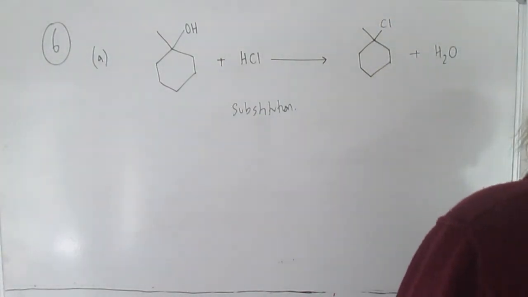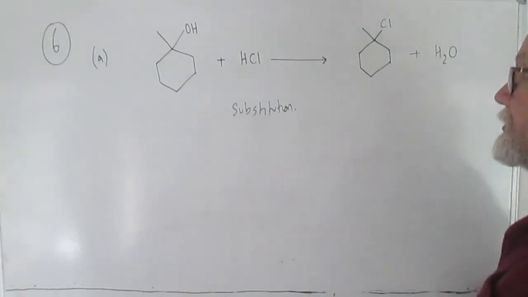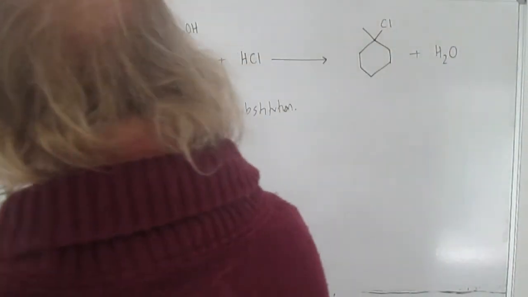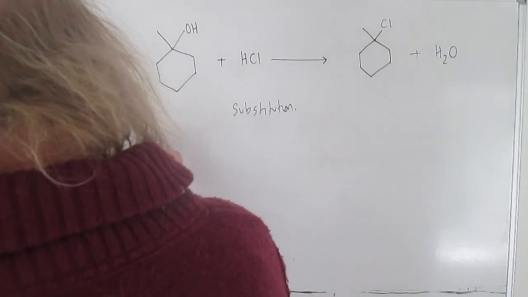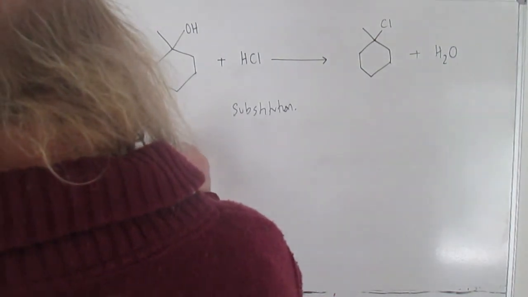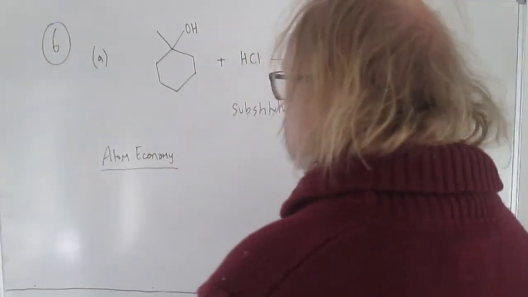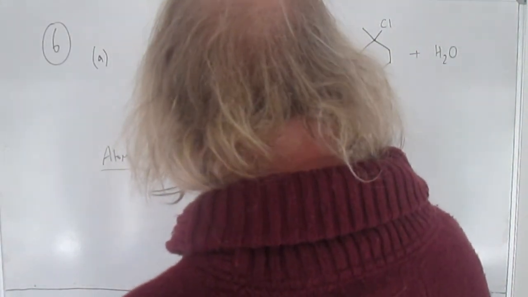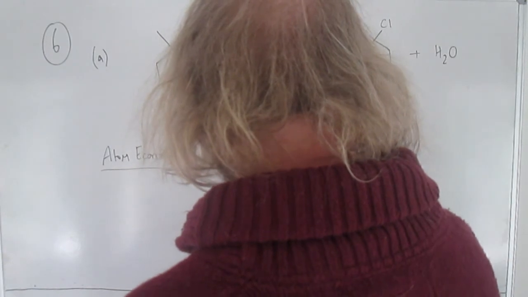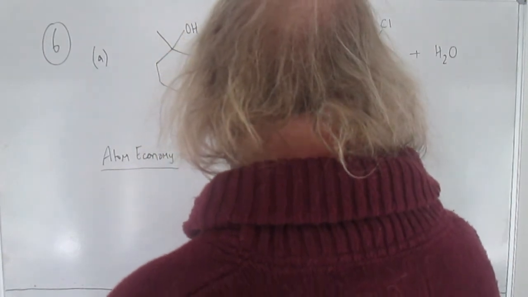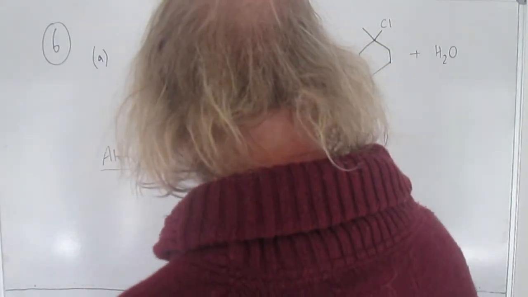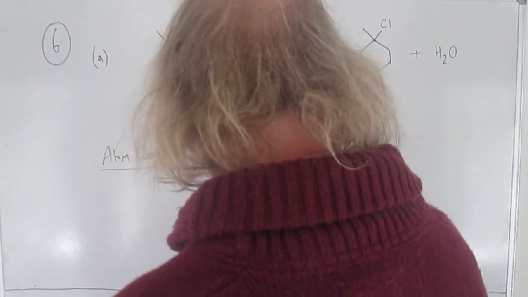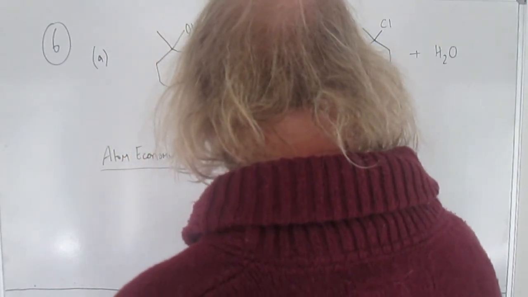So then we have to calculate the atom economy and the percentage yield. So if we do the atom economy first, okay, so always write down the definition. So it's the MR of the useful product divided by the sum of the MR of all products times 100.